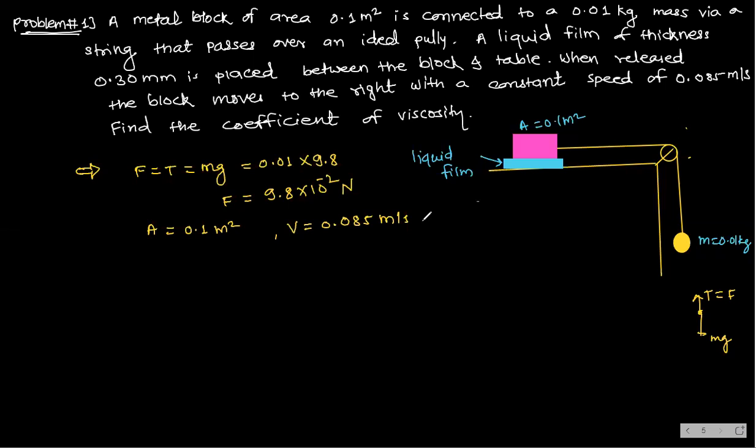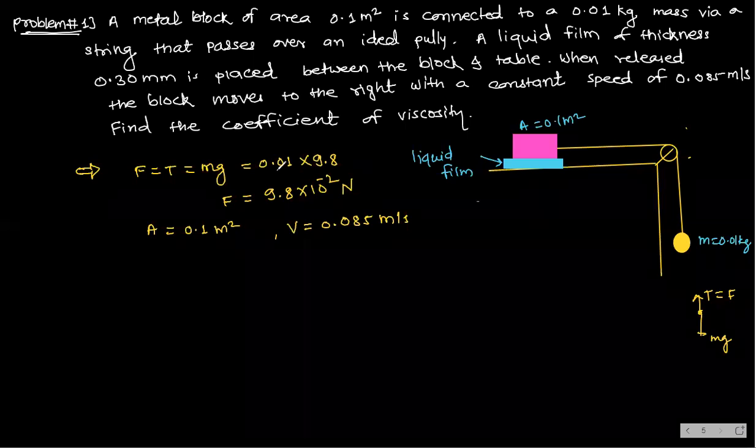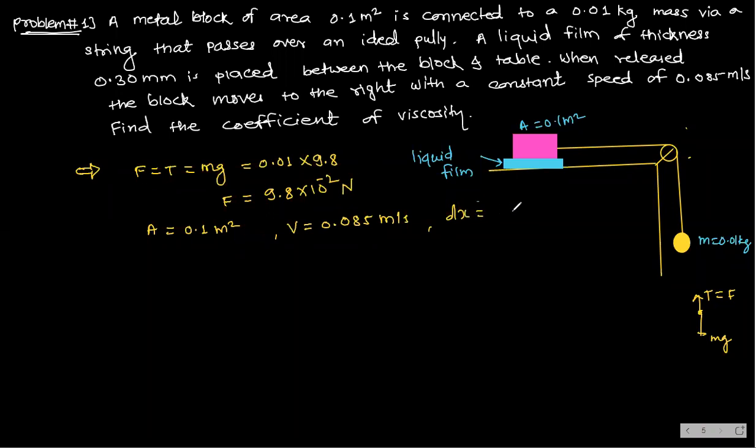And anything is there? Yes, they have given this also. Thickness means delta dx they have given. How much is that? 0.3 into 10 to the power minus 3 meter.